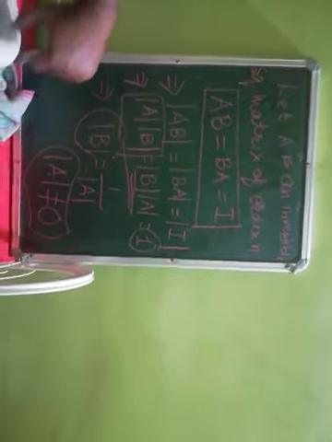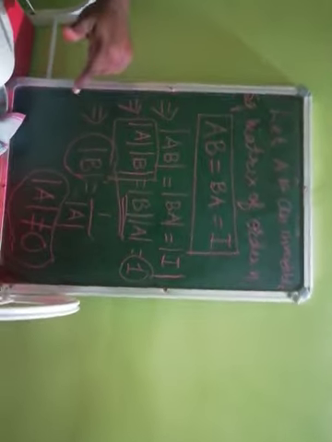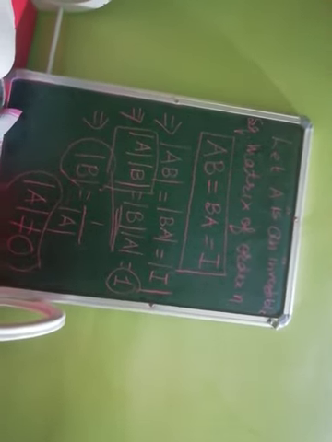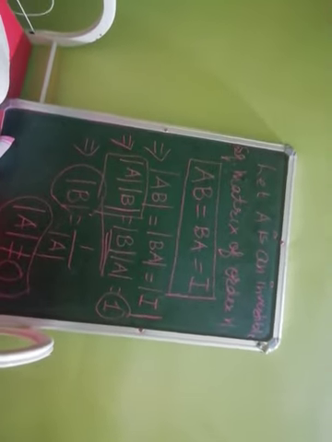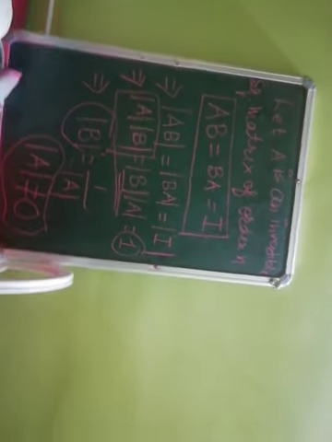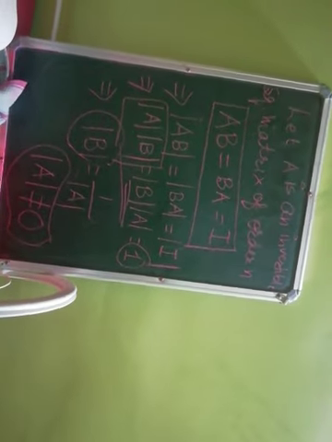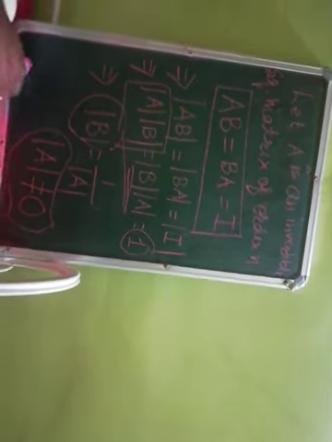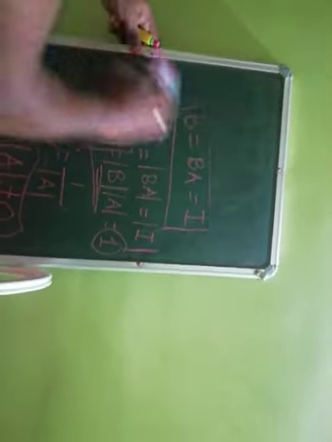So what is the necessary condition? The matrix must be a non-singular matrix. A square matrix is invertible if and only if it is non-singular. That is one condition, and that is clear from this derivation.